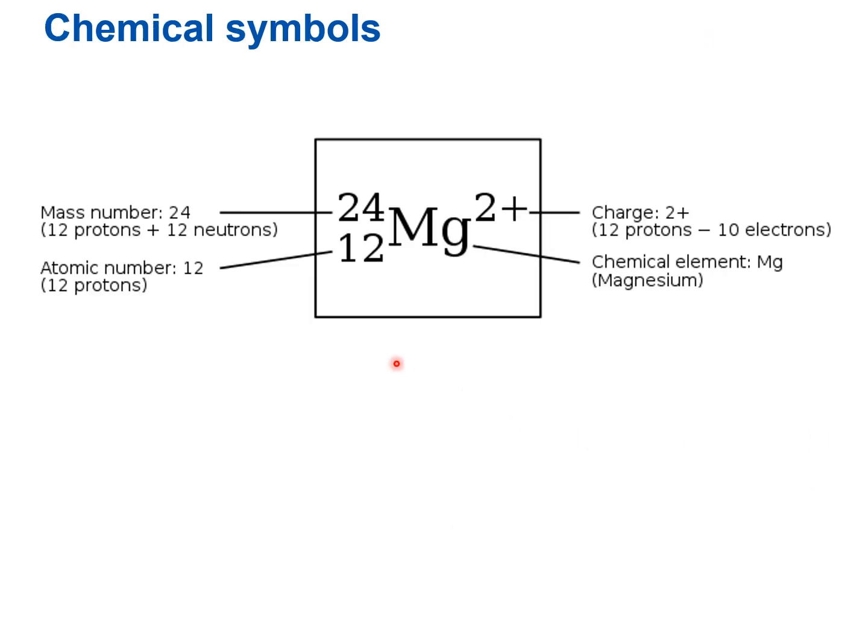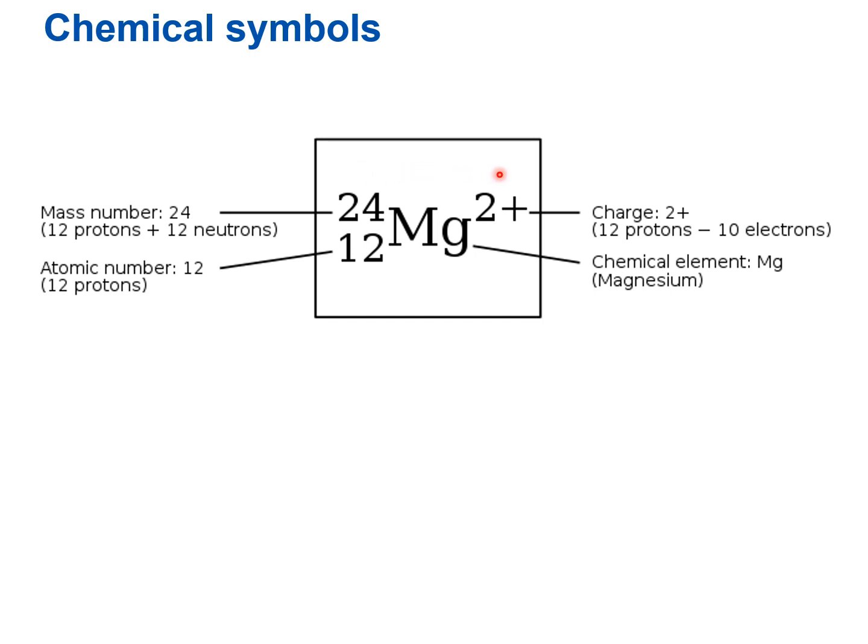Let's look at this chemical symbol here. So I've shown you the upper left hand, lower left hand, and upper right hand. Remember that, let's start down here at the lower left hand. This number, which doesn't always have to be there, is the atomic number. So that's for magnesium, which is what we're looking at here, that's 12. The mass number is the protons plus neutrons. In this case, we're thinking about an atom that has 12 protons and 12 neutrons, so a total of 24.